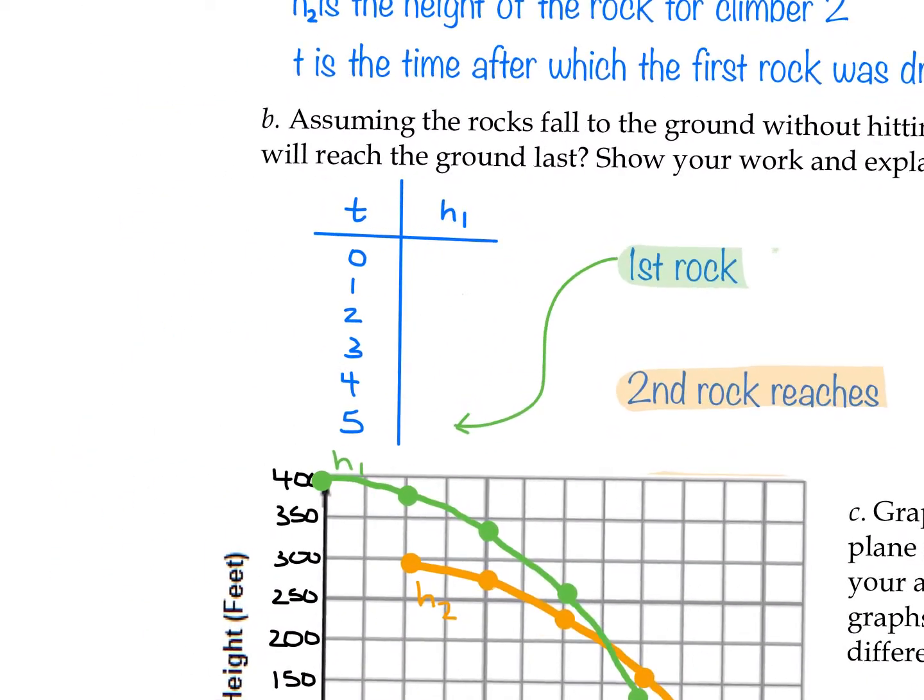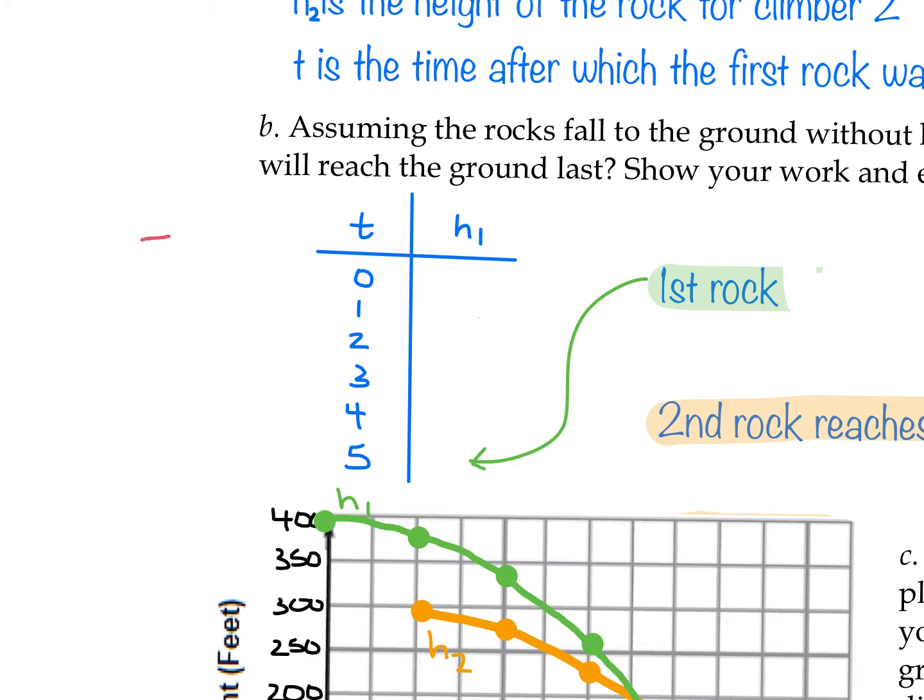So for the first rock, this is the negative 16t squared plus 400. We're going to get a table. So you're going to use your calculator and go to y equals and get a table. All right, so type that in your y equals in the calculator and look at the table. I see 0 seconds, he's at 400 feet.